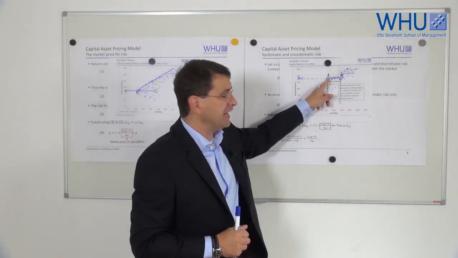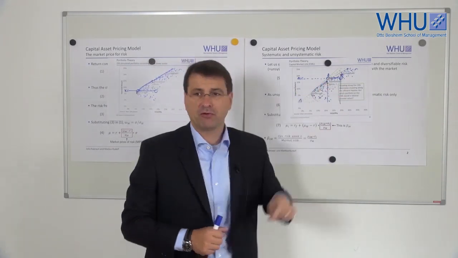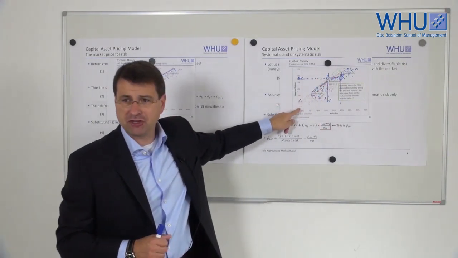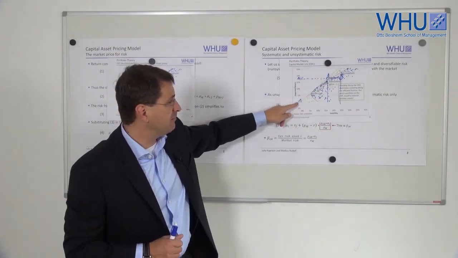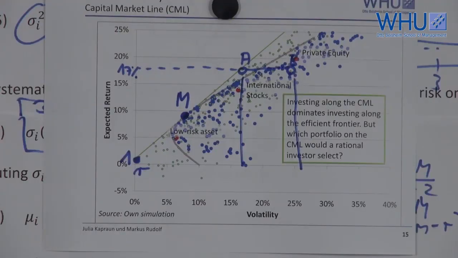So anyone who is a rational investor would always go for portfolio A instead of portfolio B, and all of those portfolios which are efficient in that sense can be delineated by that green line here. The green line is simply the boundary line of the green cloud of points.